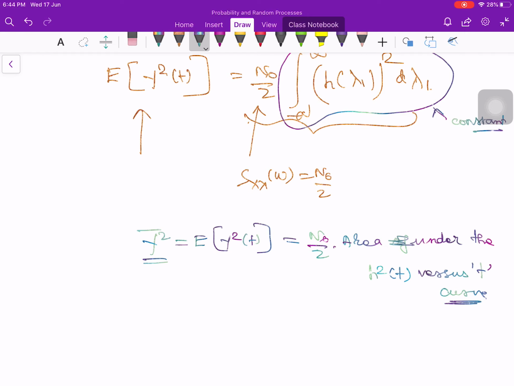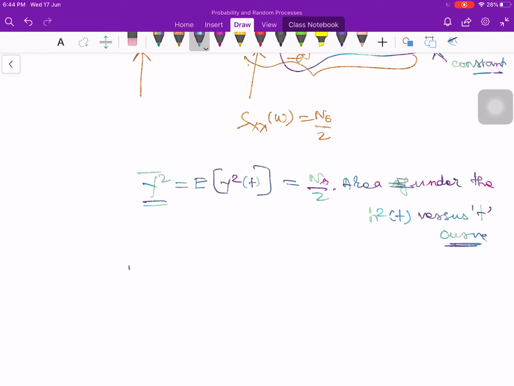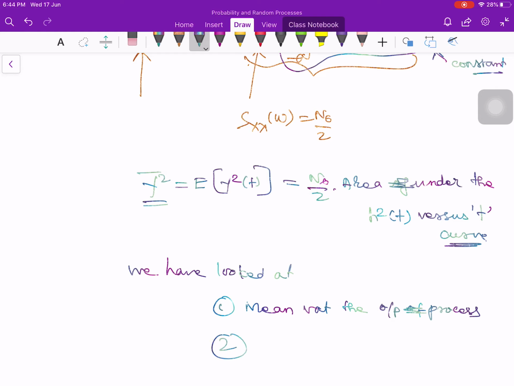So till now we have looked at two things. One is the mean value at the output process, that is in the previous lecture. Second, we have seen the output mean squared value.